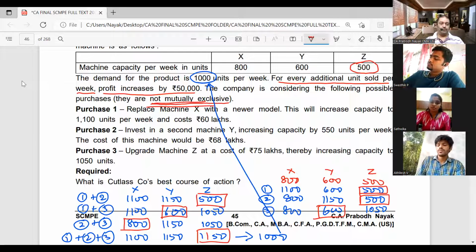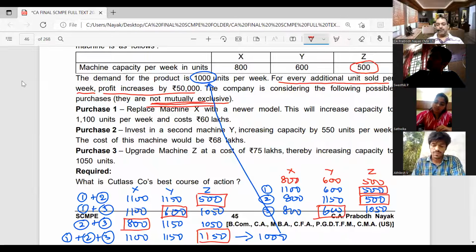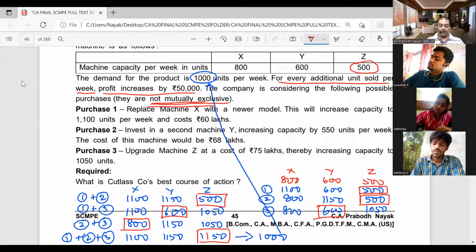Point number two. In case a second machine Y is purchased, which increases its capacity to 1150 units, in bracket you write 600 plus 550, close the bracket.